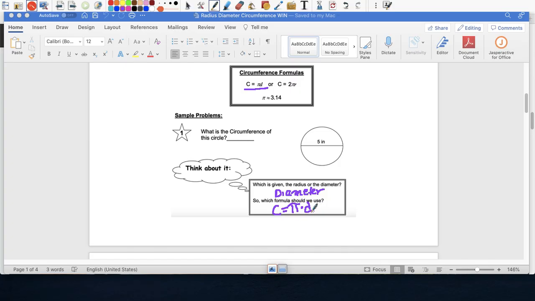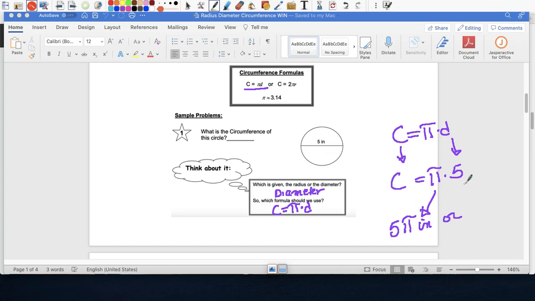All right, now let's work it. So we're going to take that formula. I'm going to try to find what C is, because that's the question here. What is the circumference? Pi stays, but I can replace D for diameter with 5 because it's given to me. So answer number 1, pi times 5. We can leave it as 5 pi inches.